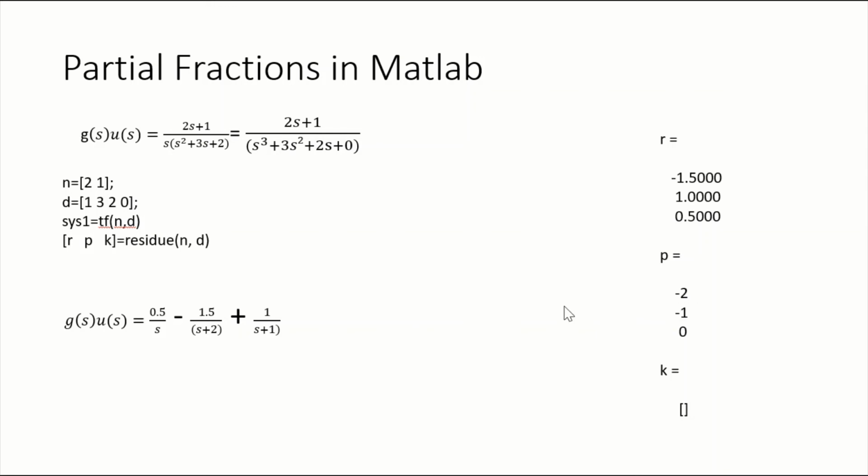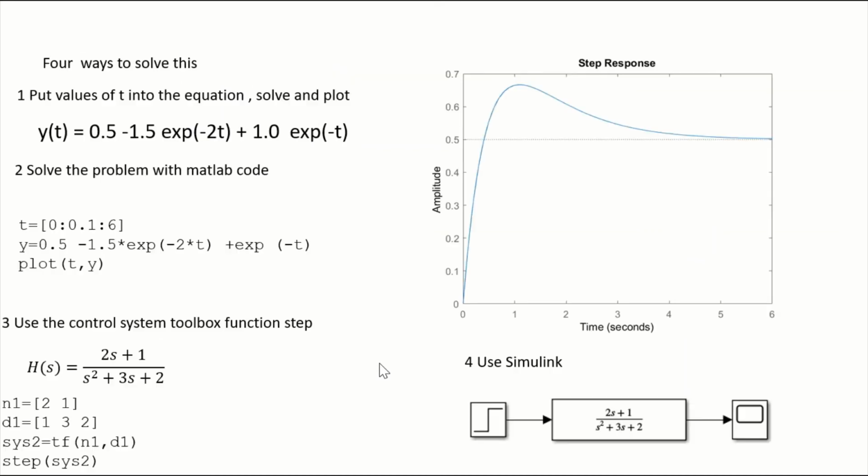Then the minus 1 is the second one, which is the 1, which goes in there. And then the naught is like this one, s plus naught on the bottom line here. And so with this simple command, you can compute these and then get your partial fractions without having to think too much, just type in a few numbers. So that's a little trick up your sleeve. Now, if we got this equation, there's 4 ways we can solve this.